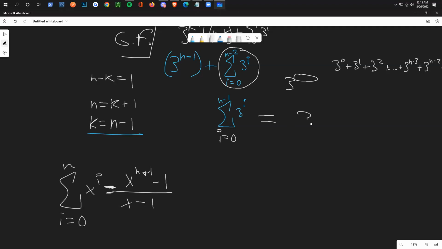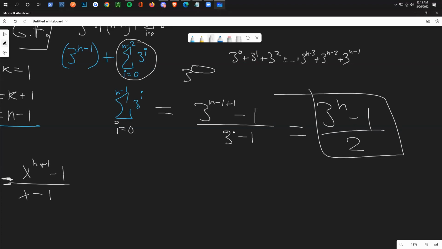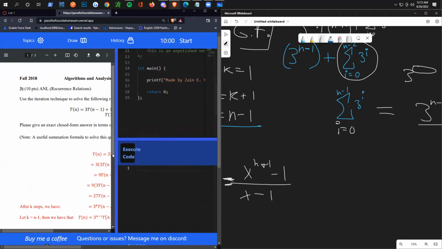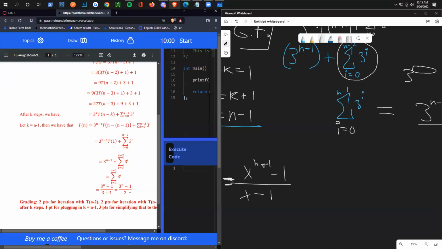It's going to be 3 to the, remember, n is just whatever's here, n minus 1 plus 1, minus 1, all over 3 minus 1, which is equal to 3 to the n minus 1 all over 2. And that is our final answer. So let's check. Yep, final answer. There we go. I hope that made sense.